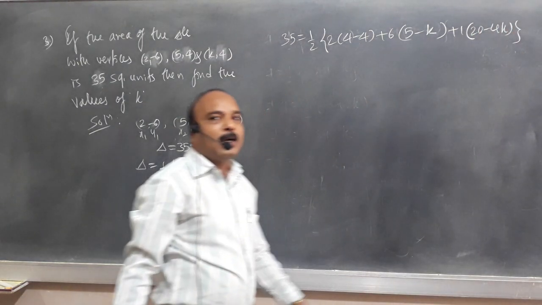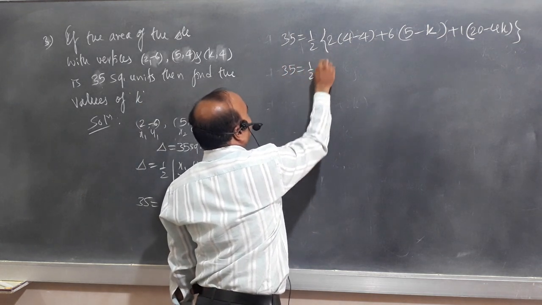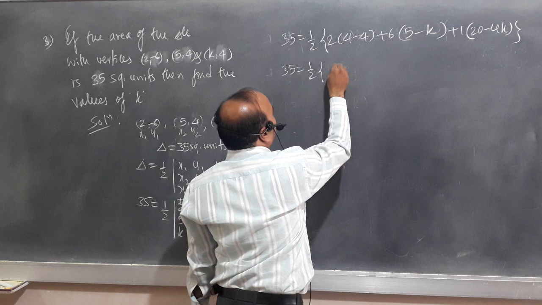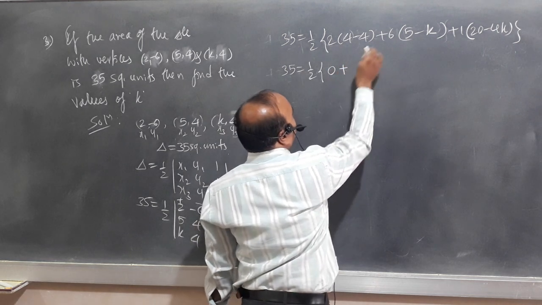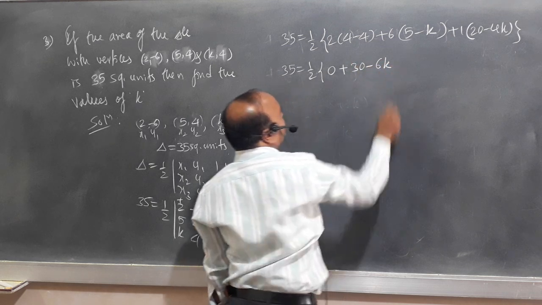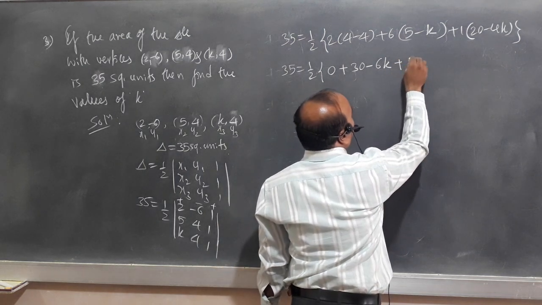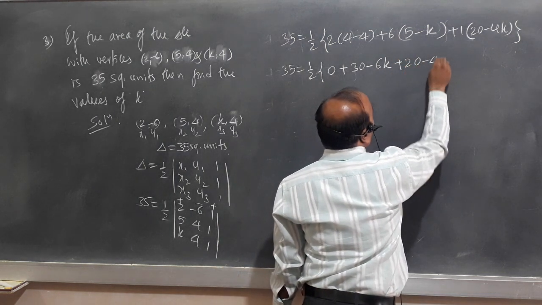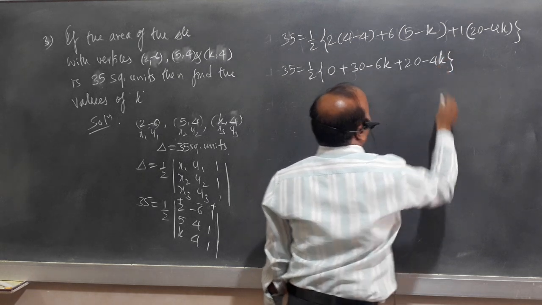Now we simplify. This is equal to 35 as it is, 1 by 2 into, it is 0, 4 minus 4 is 0, plus 6 into 5 is 30, minus 6 into k is 6k, plus 1 into 20 minus 1 into 4, 4k as it is.